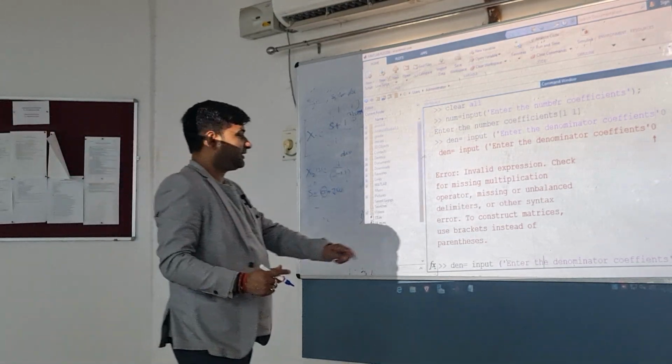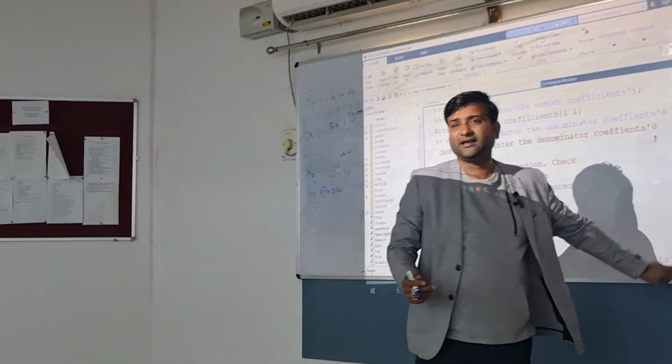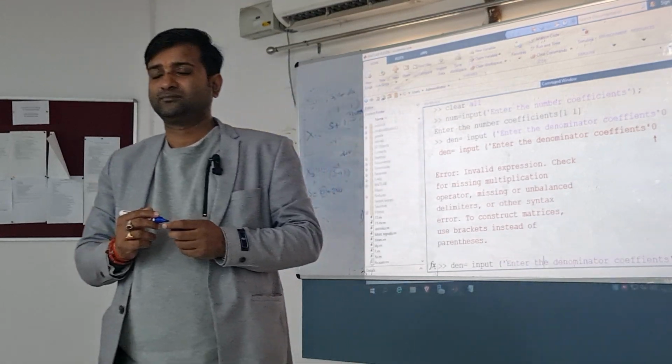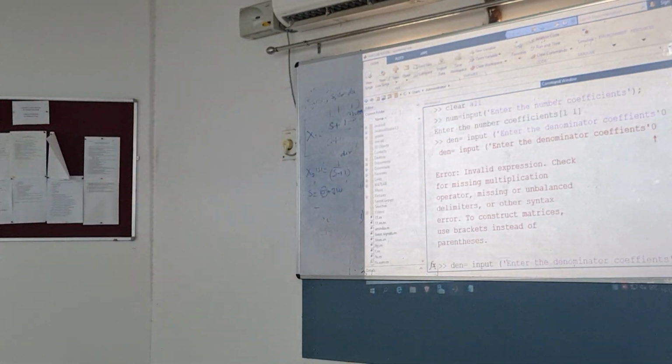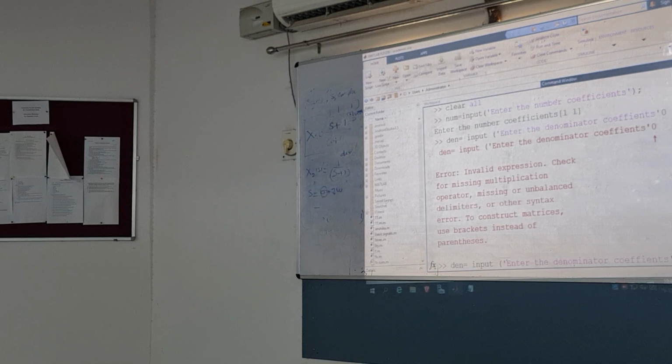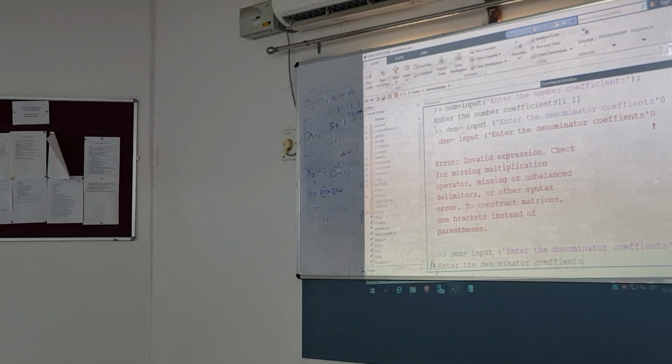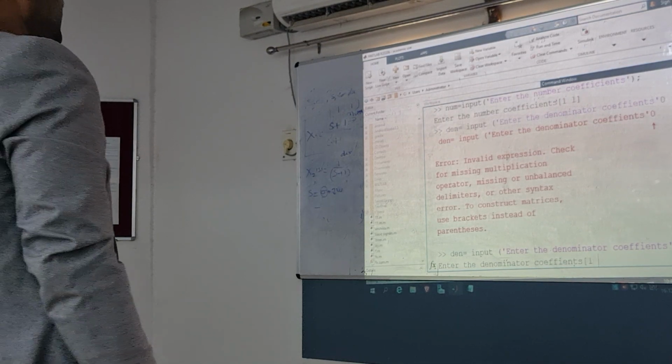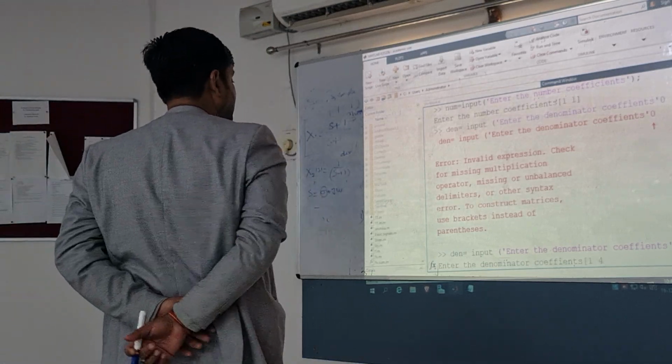You have delete this bracket, extra bracket. Enter the denominator and then parenthesis is semicolon. Enter the denominator coefficient is written bracket 1 4 6 4 1 4 6.